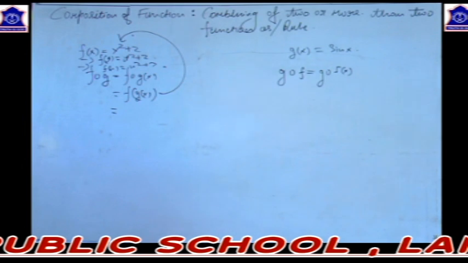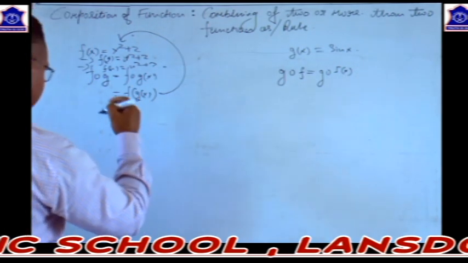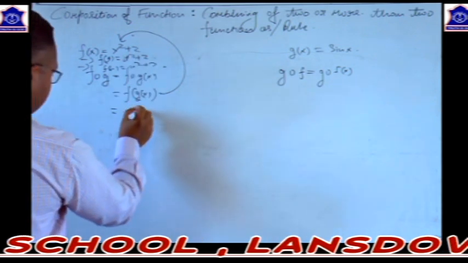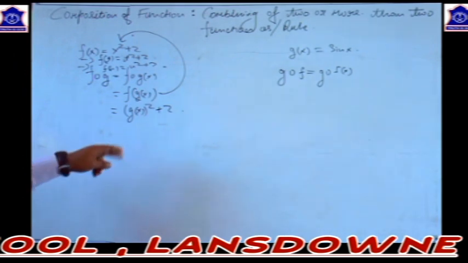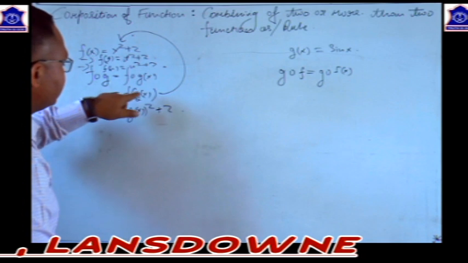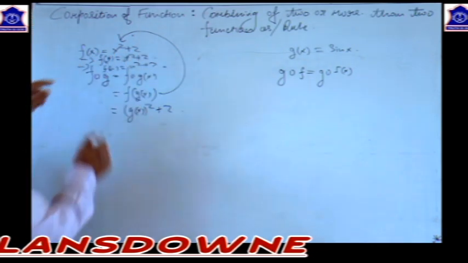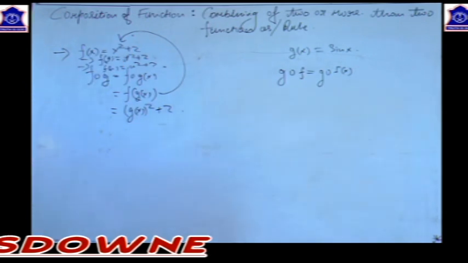which is the definition of the given function, what we will get? F of g(x) we will get as g(x) का square plus 2. Is it clear? What I said, f of g(x), putting the value g(x) to the x of the given function, that is f(x) equal to x square plus 2.